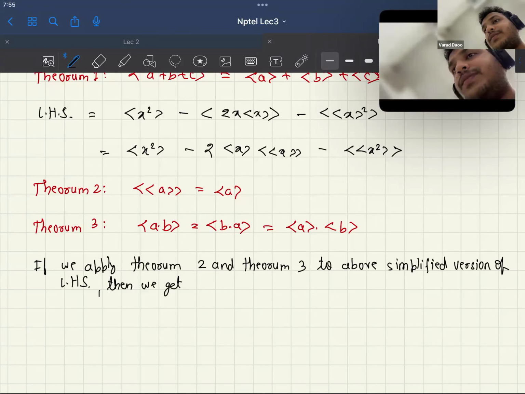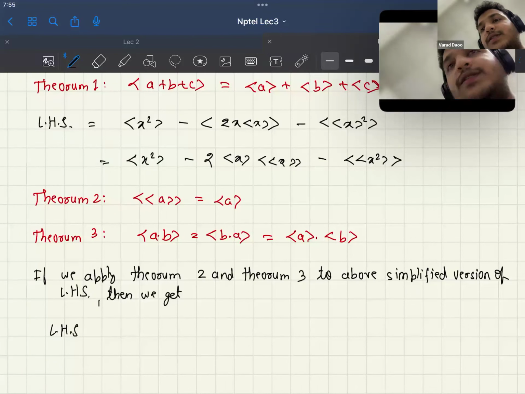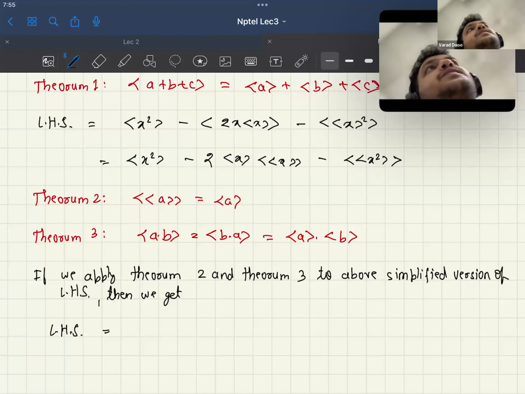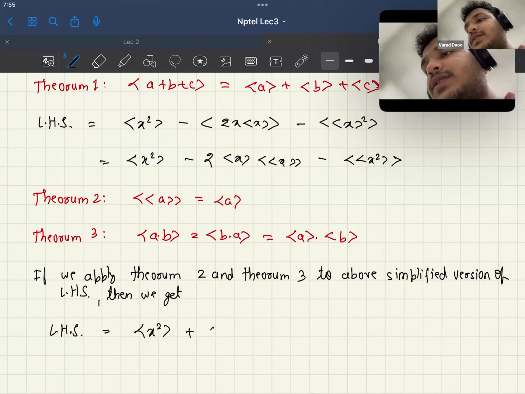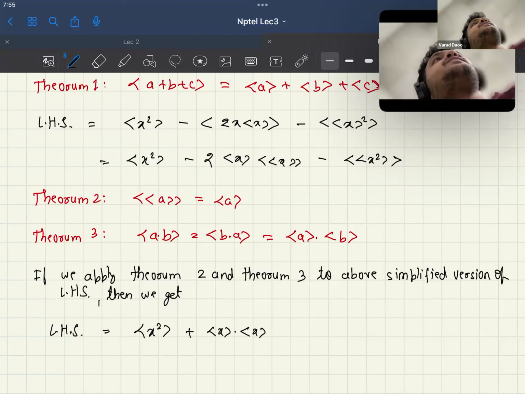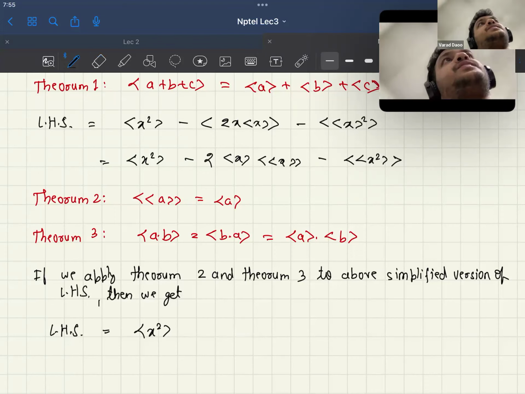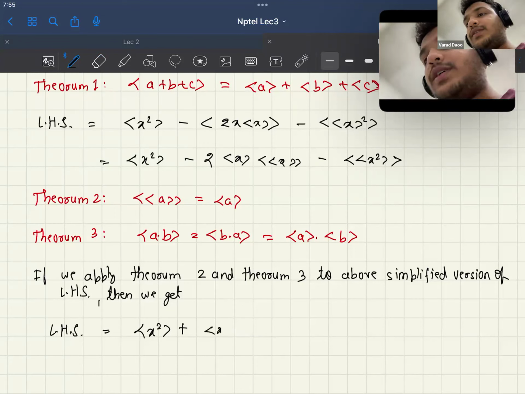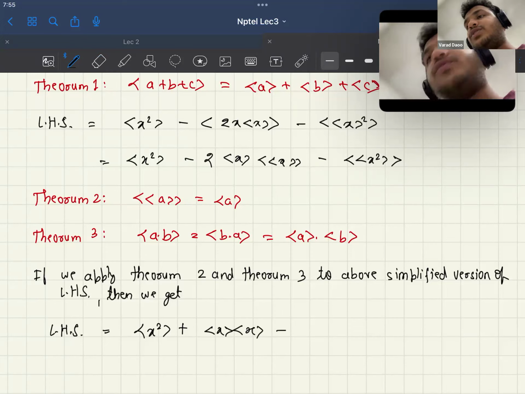Then we get LHS as average of x square plus average of x into average of x, or let me write this down in this form, plus average of x into average of x minus 2 into average of x into average of x, right?